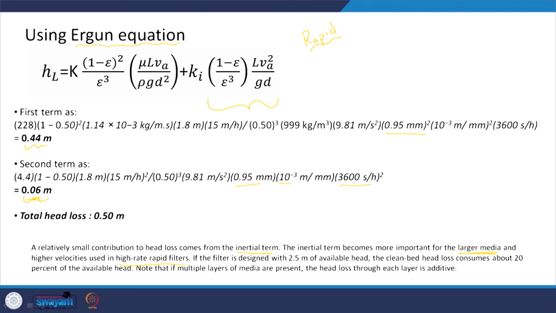And as we can see, Crittenden et al. tell us that if the filter media is designed for 2.5 meters of available head, out of that 0.5 meters, that is a lot of head loss, the clean bed head loss itself consumes around 10 to 20% of the available head. So, that is something to keep in mind. Let us move on.